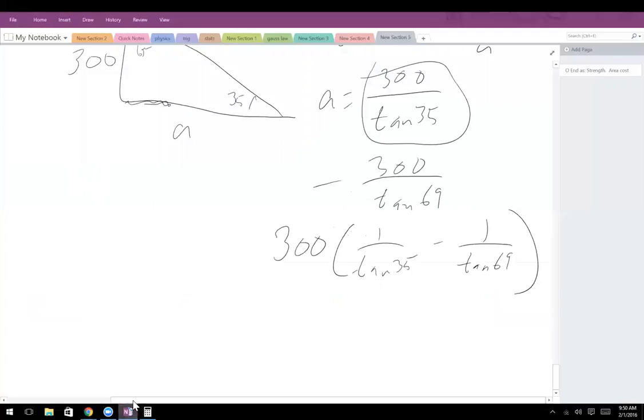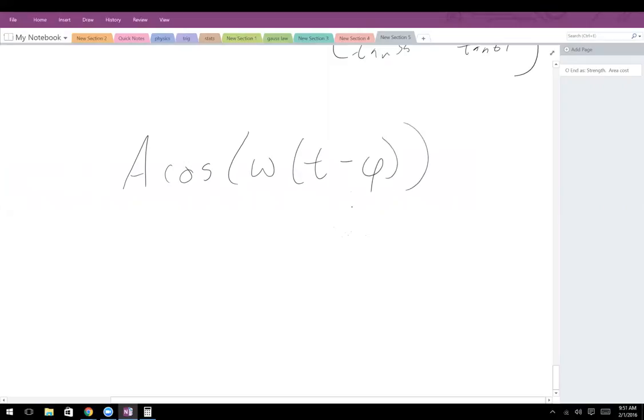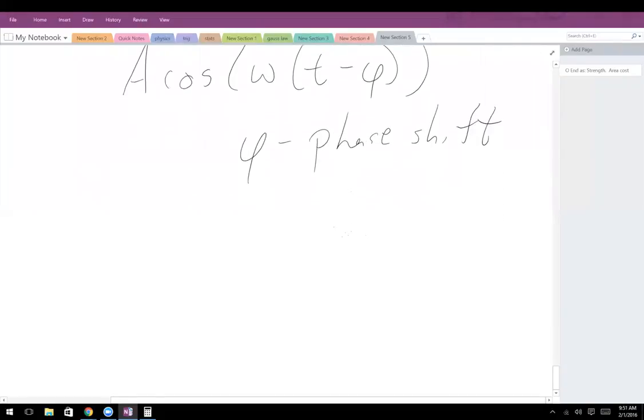So let me go back and rewrite what the general thing looks like. It should be A cosine of omega times (t minus phi), like that. So phi is the phase shift. And it does have the minus, so that's good. That's what I wanted.